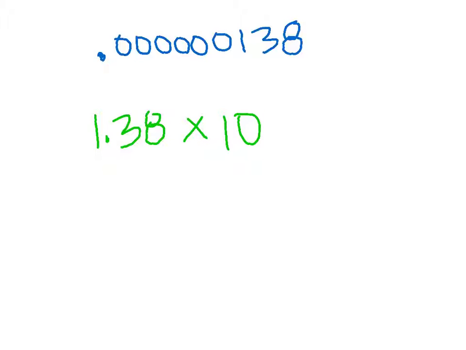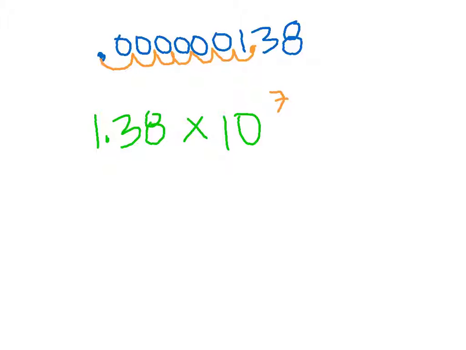Now for the swooping. So I take my decimal point and stick it right up there at my 1.38, same as right here. And I count out to the beginning this time, going backwards. 1, 2, 3, 4, 5, 6, 7 spots to the beginning. Now if I put a positive 7 up here, that'd be like the first example, where we'd go 7 spots this way.